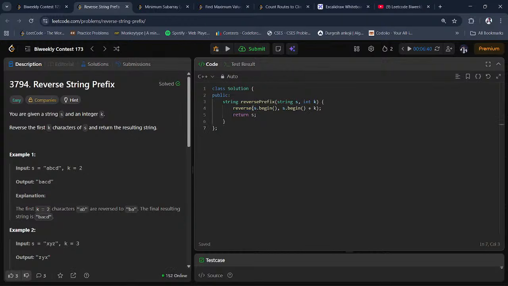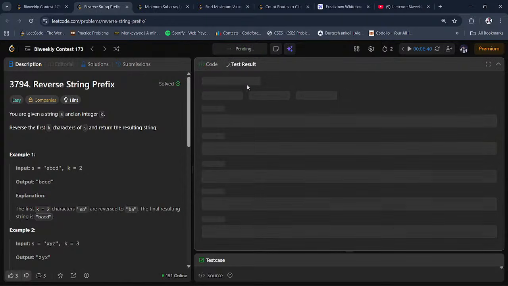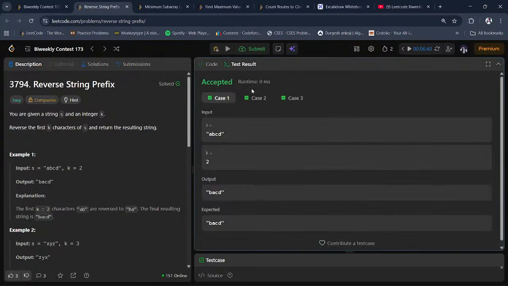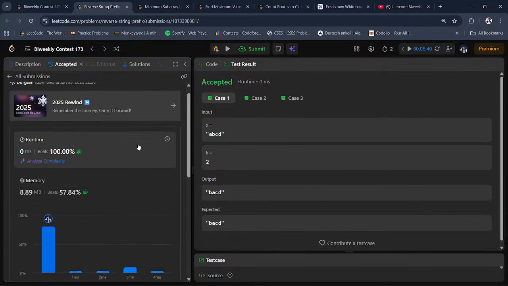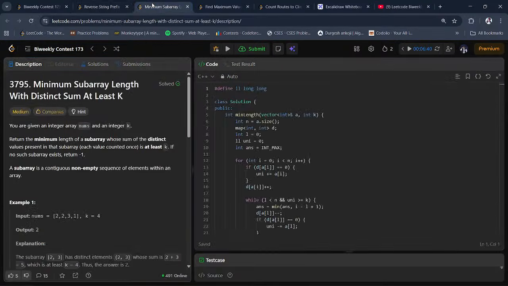You just need the beginning pointer and the beginning plus k pointer, and this reverses the substring of length k at the start. Then we just return the answer. Yes, we can see. We'll move to the next problem.